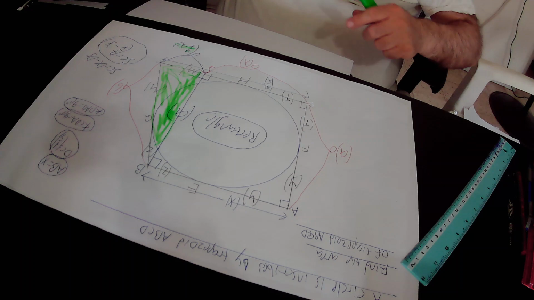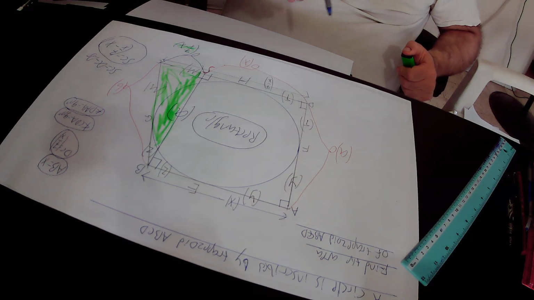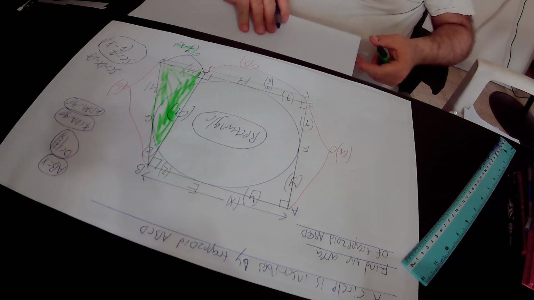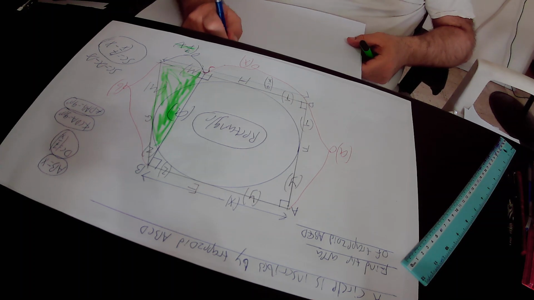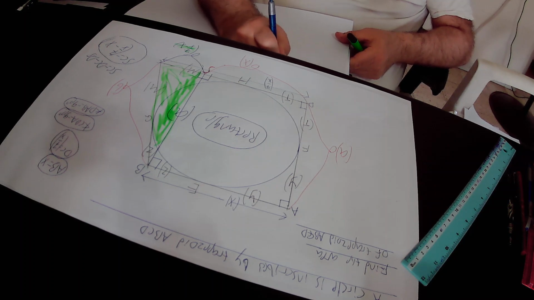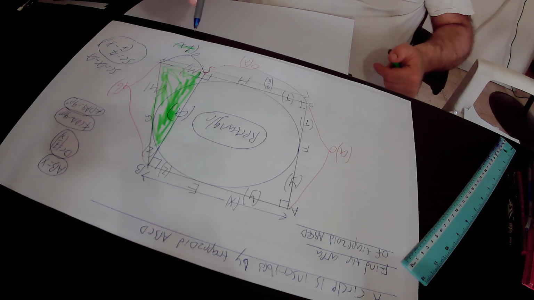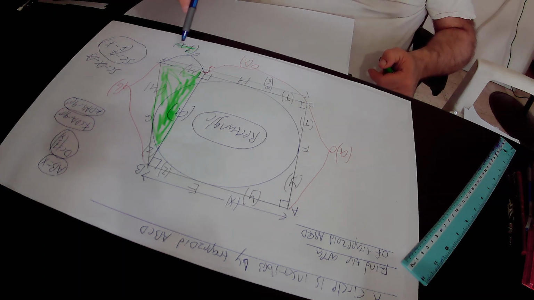Our mission is to find the area of this trapezoid ABCD. According to the formula that I presented to you in the beginning of the lecture, the area of trapezoid ABCD will be equal to the sum of its two bases times the height over 2.